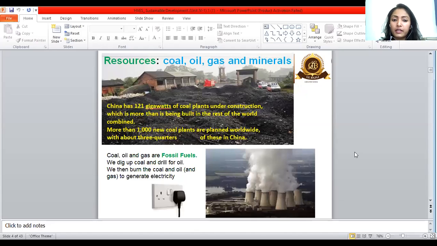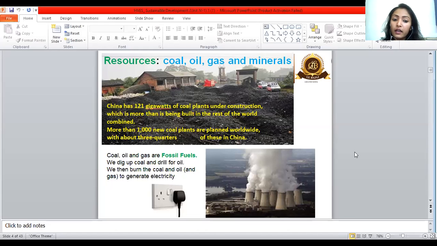This is common in all the processes of using resources. Now coming to the next point, we all know that coal, oil, gas, and minerals are resources which are not abundantly available on the earth. They are available in a very limited quantity. It's not that they are available forever. Coal, oil, and gas, of course, are fossil fuels.